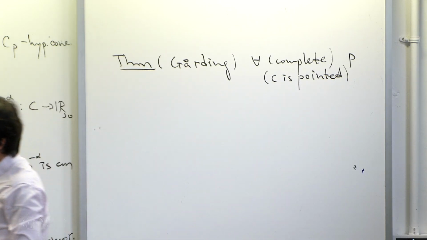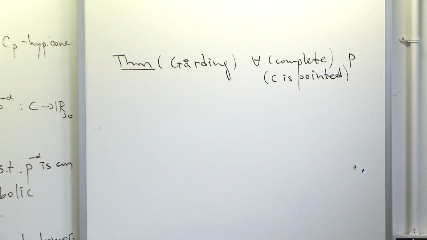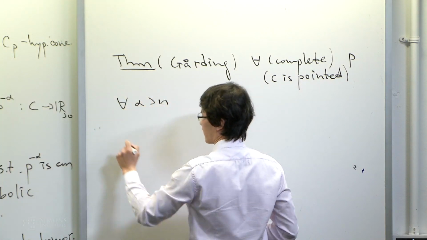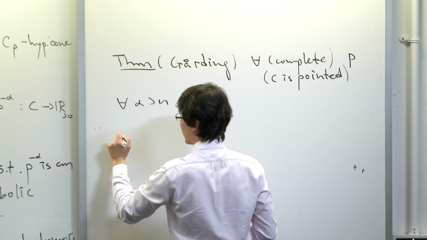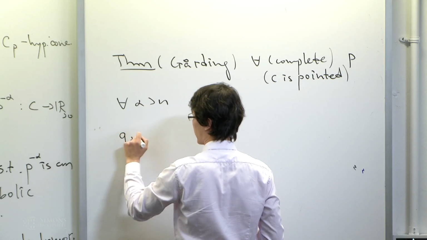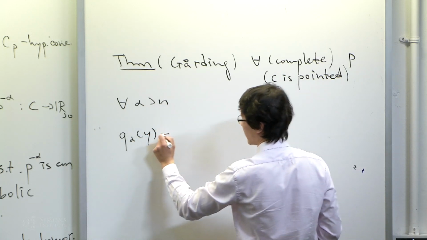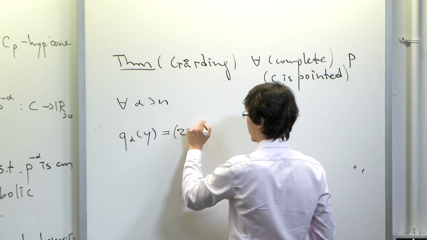You can reverse this procedure and cook up a function. The following function is well defined, which I will denote by Q alpha. It will be a function on the dual of my cone, and it looks as follows.